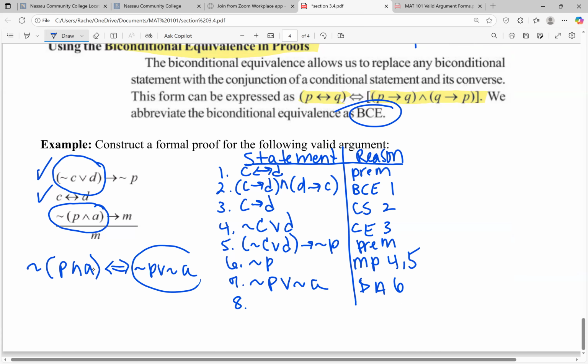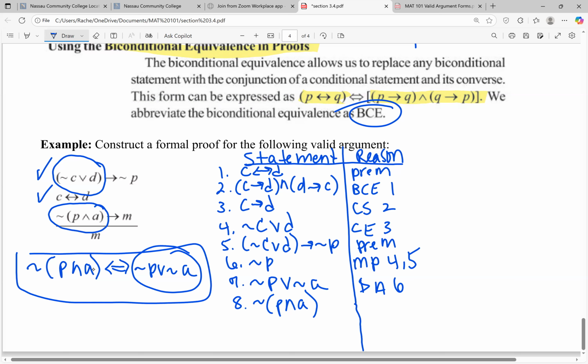And that's equivalent to not P and A, right? We just said that over here, because of De Morgan's equivalence on statement 7, right? Those two are equivalent. Not P and A is the same thing as not P or not A by De Morgan's. And now 8 is the left-hand side, right?